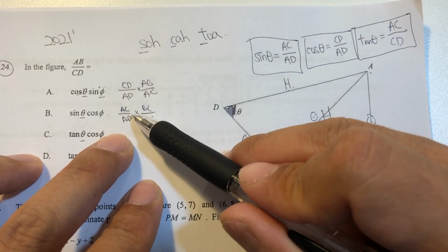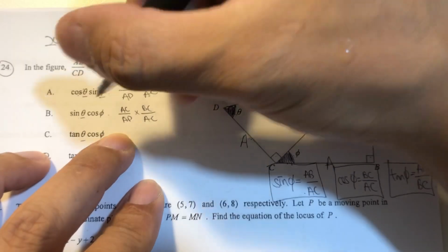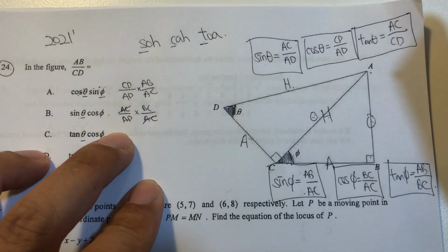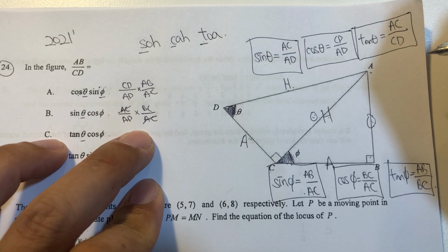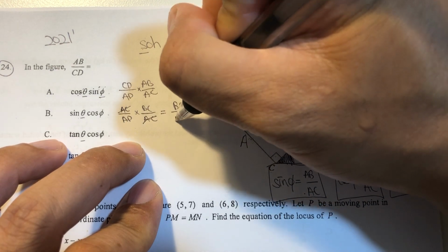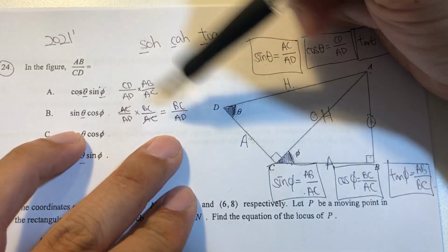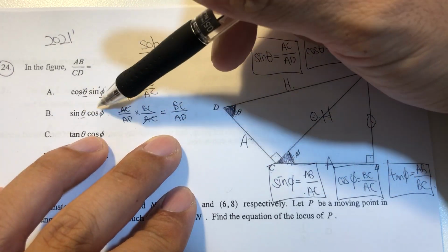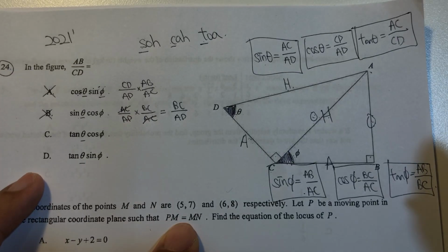Since we are trying to multiply them together, we should be happy to see that we have AC and AC, one on top, one on bottom, which are the same, so that we could cancel them out, and therefore we could simplify and give BC over AD as the final result. Is it the same? No, not the same, and therefore B should not be the answer. So as A, not the answer.